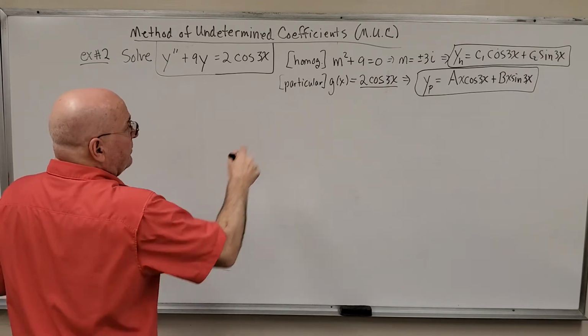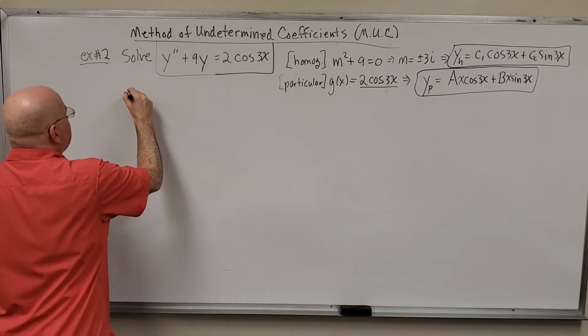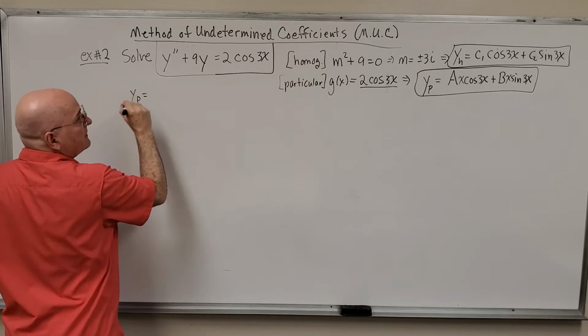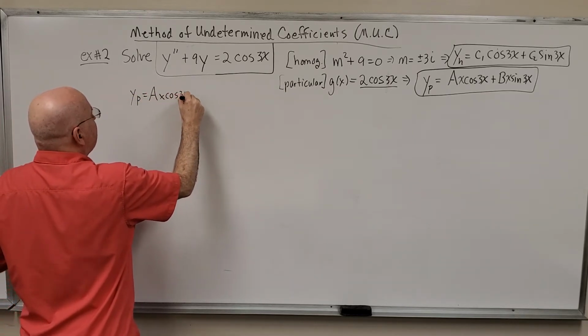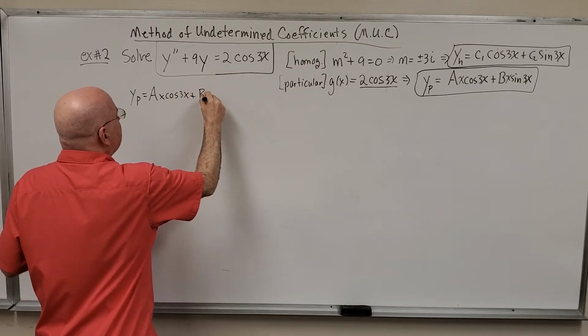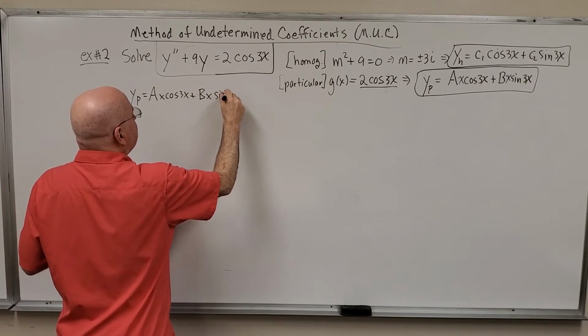Okay, so we've got yp, and I'm going to write it again here. yp is Ax cosine 3x plus Bx sine 3x.